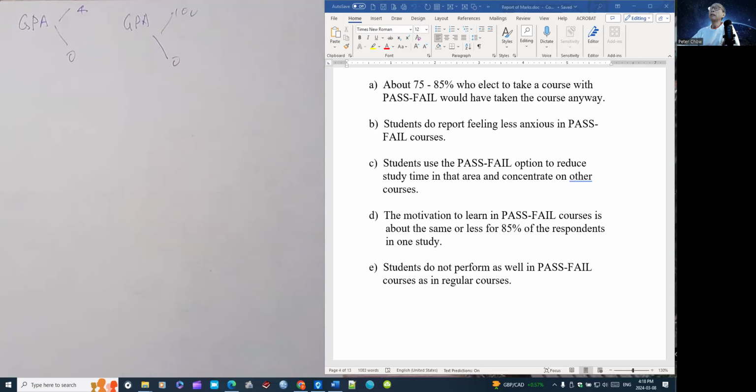So, all in all, students take pass-fail courses in order to have more time for other courses or more time for leisure, and they don't study as well. That is to say, they don't take pass-fail courses as seriously, right? So that's the conclusion on pass-fail courses, all right?